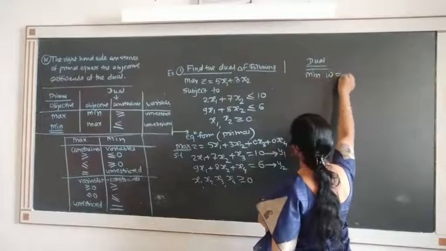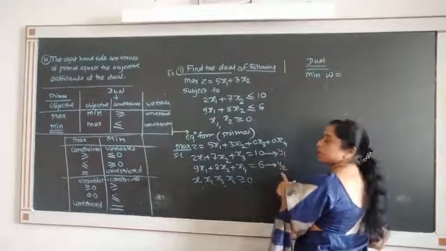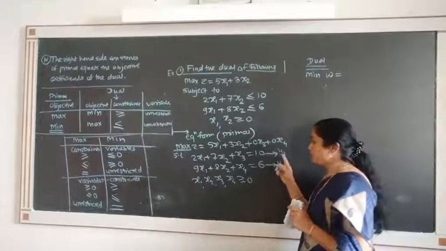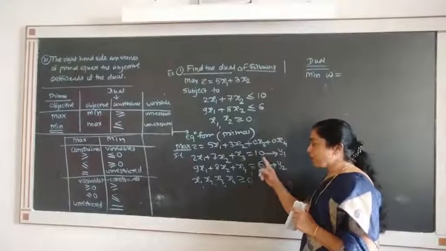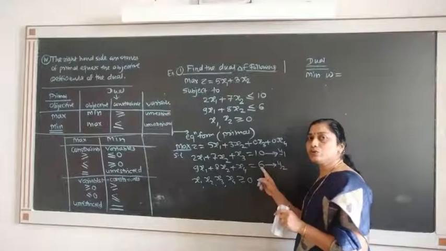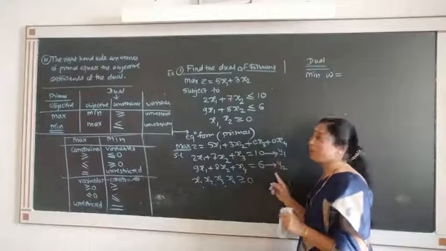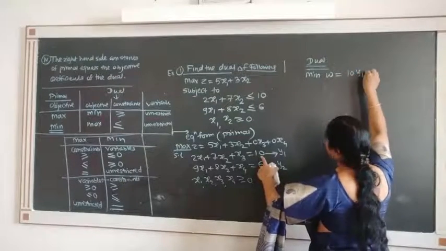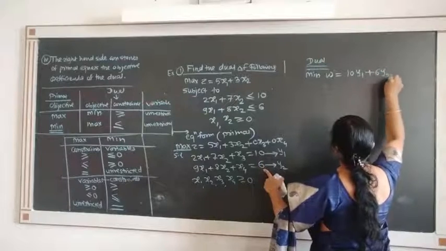I will say W is equal to, now there are two dual variables y1 and y2. These RHS of the primal become the objective coefficients of the dual. So I have W equal to 10y1 plus 6y2.